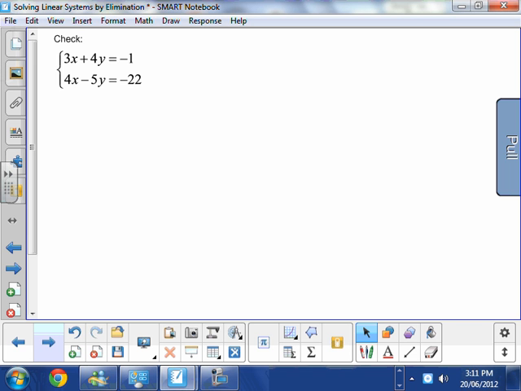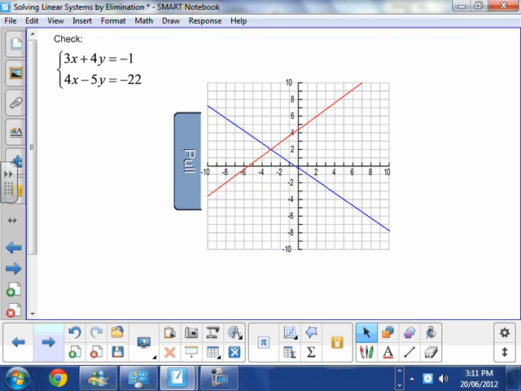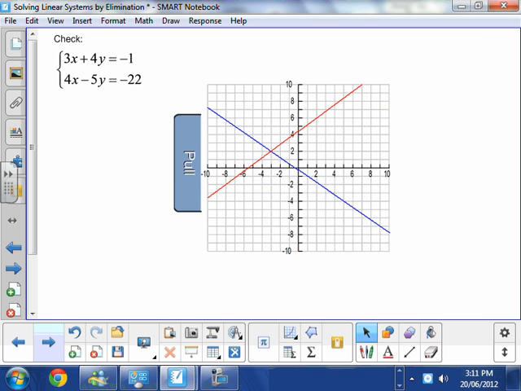And if we want to check it graphically, can you help me? Which one is the first one? The first one will be the blue line. Okay, and the second equation will be the red.